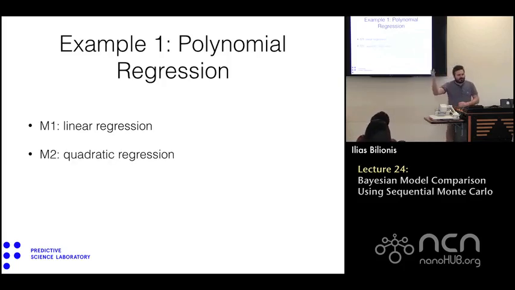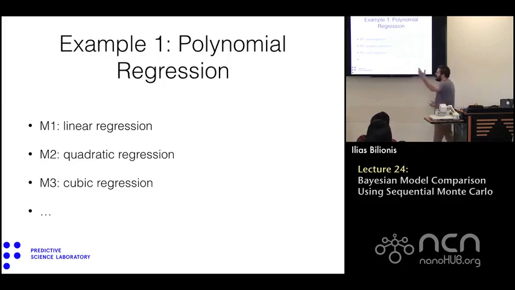Another model could be second-degree polynomials, or third-degree polynomials, or even higher-degree polynomials, right? And the question is, I have my x's and my y's, and I can do polynomial regression. Should I take 100-degree polynomials, or should I take second-degree polynomials? Where should I stop? Now we're going to be able to answer that.